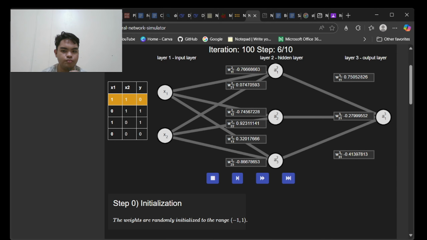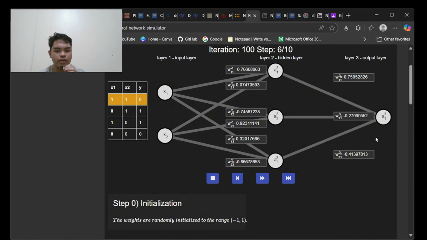Now for our question number 3: how many inputs does the neural network have? The answer is 2 inputs. This corresponds to the 2 variables needed, which are x1 here and x2.